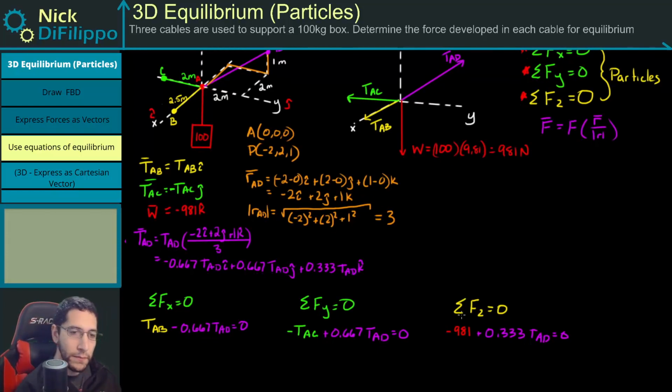We can bring this over, we can say 0.333 TAD is equal to 981. And we can have TAD is going to be equal to 981 divided by 0.333.